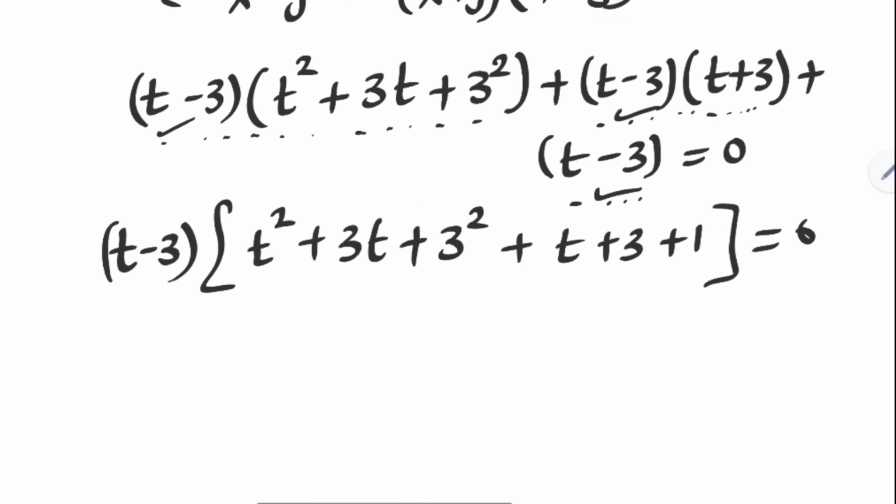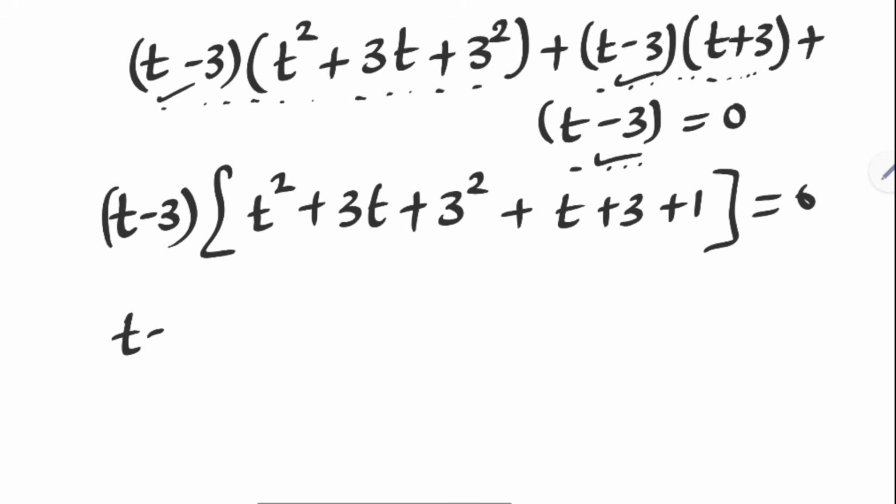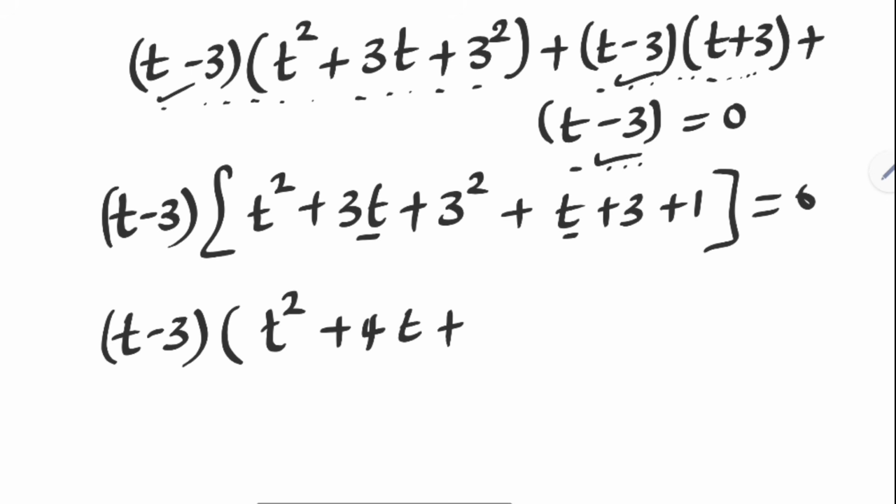is equal to 0. This is t minus 3 bracket t square plus 3t plus t, that is plus 4t plus 3 square, that is 9 plus 3, that is 12 plus 1, 13 is equal to 0.